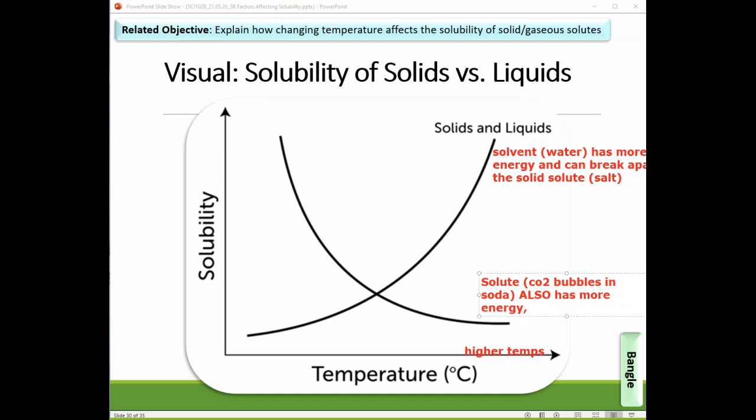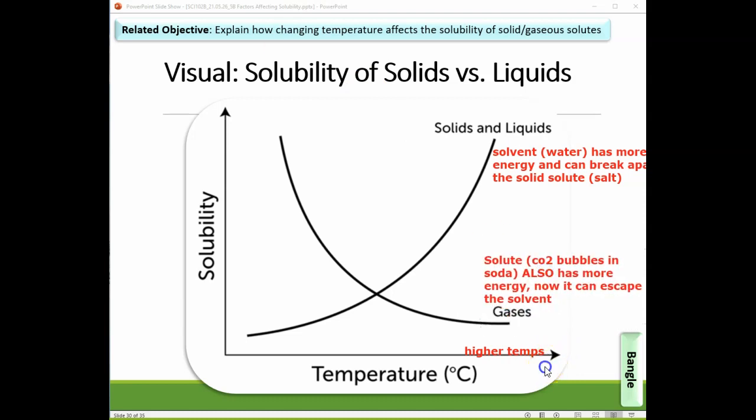And gases are interesting because remember, gases actually want to escape. So now that the solute, gaseous solute, has more energy as well, now it can escape the solvent, okay, which in this case is the soda. All right, so again, these actually generally have opposite trends. Solids increase their solubility as they get hotter. Gases decrease their solubility as they get hotter.